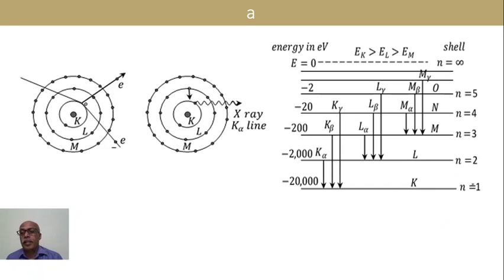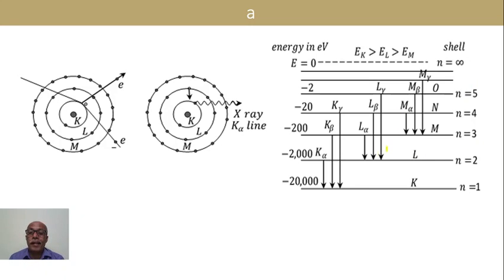So here you can see in the figure, K, L, M, N, etc. shells, with the number n equal to 1 representing the K shell, n equal to 2 representing the L shell, and so on.